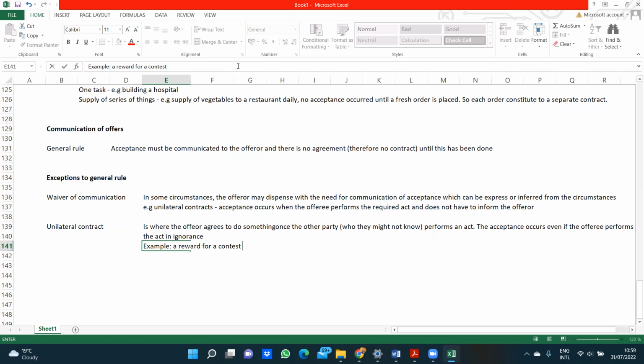All right, but when they win the contest, they are rewarded. So here, they do not even know the person who has entered the contract, and acceptance has been made by, for example, entering the contest by the offeree.